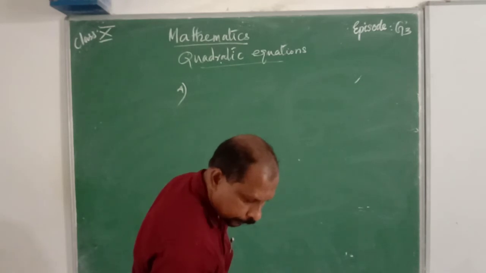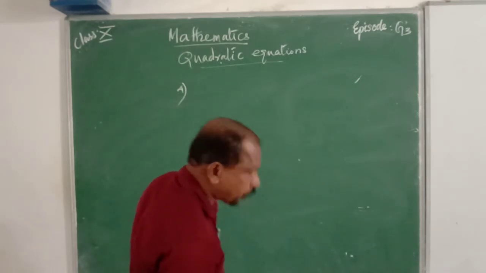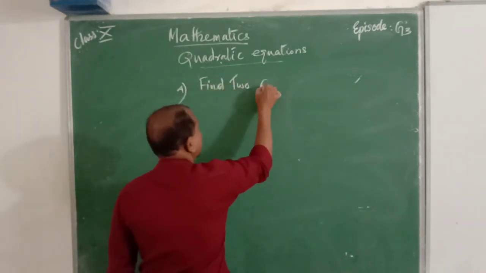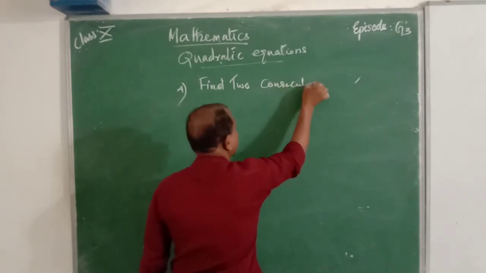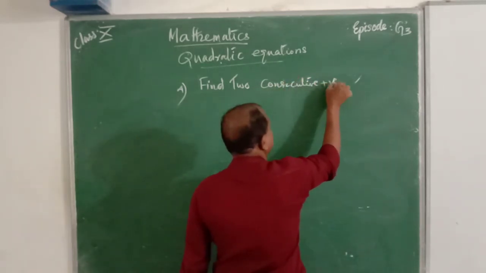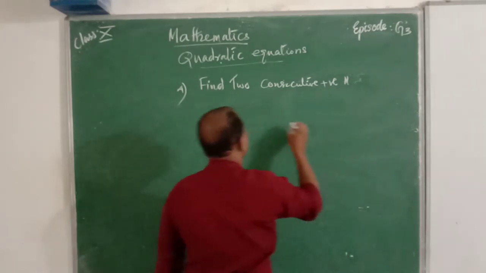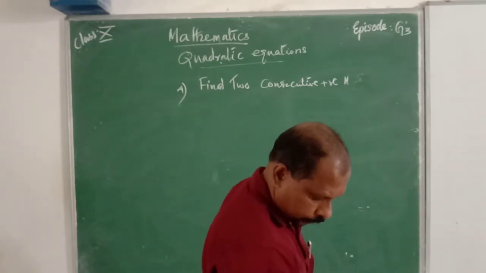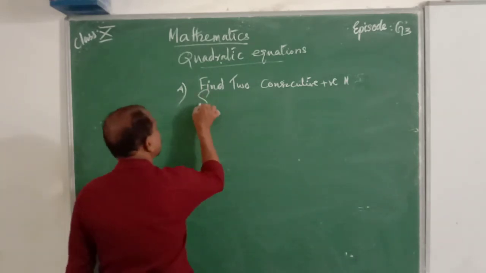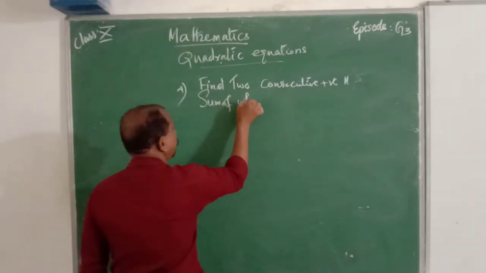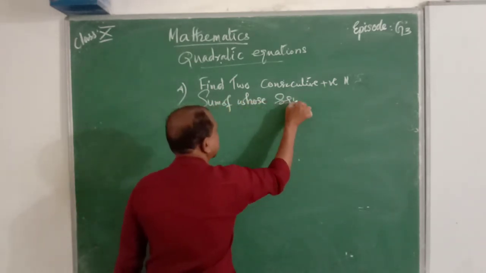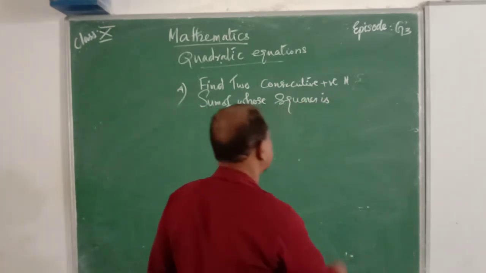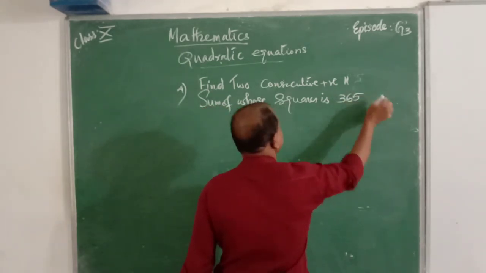Find two consecutive positive numbers the sum of whose squares is 365.